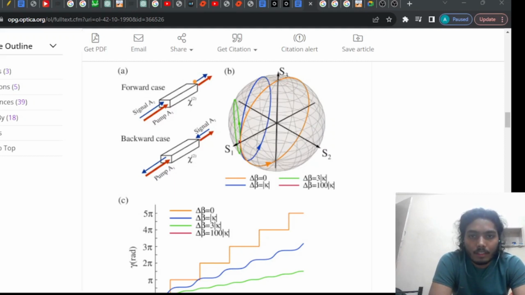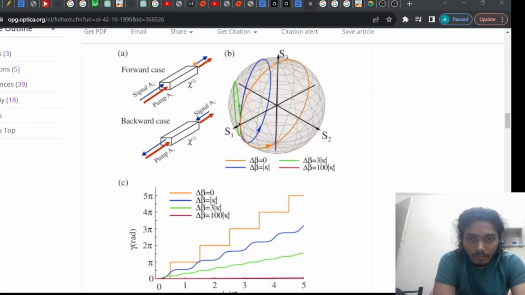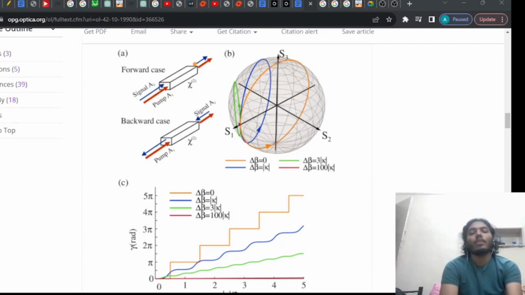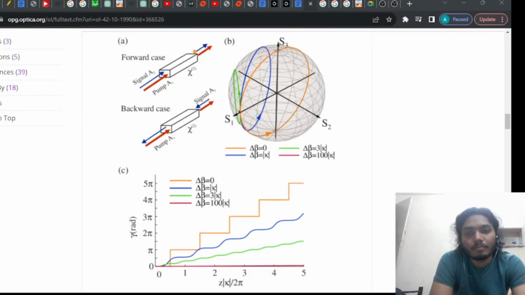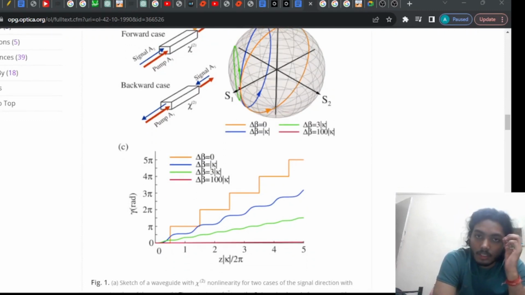Means in the first case, the forward case, it is working smoothly, but in the second case, the backward case, where delta beta is not 0, the signal may start getting scattered, then it will start accumulating at some point in the crystal because of some non-linear response of this crystal to this signal, which leads to the accumulation of the signal A2.